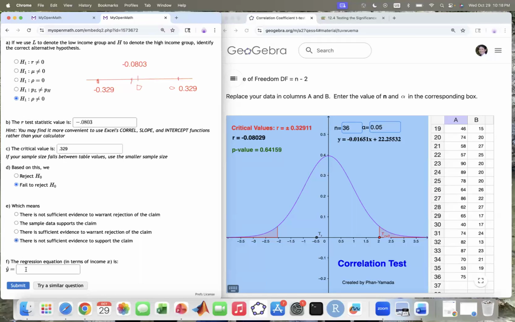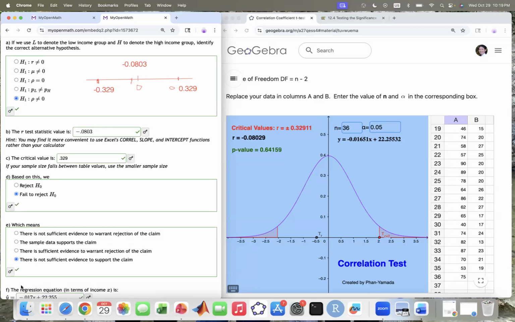And this one would be the regression line: y equals negative 0.017x plus 22.255. This could be the answer. When you submit, you should have all correct answers.